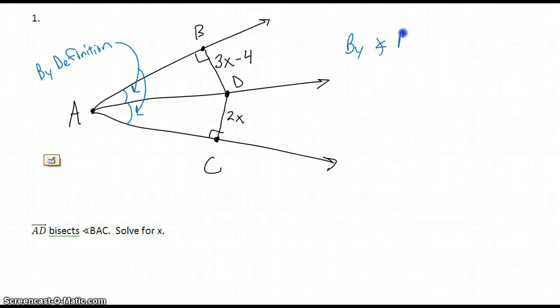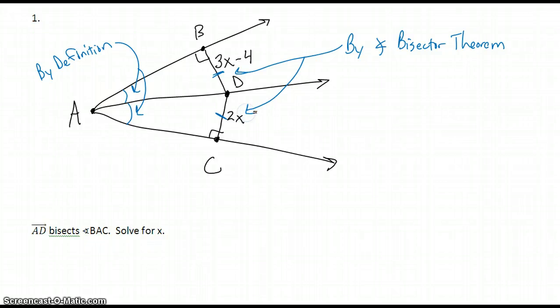So by the angle bisector theorem, BD is going to be congruent to DC. So how do we use that to solve for x? Well, these two segments have to be congruent. 3x minus 4 has to equal 2x.